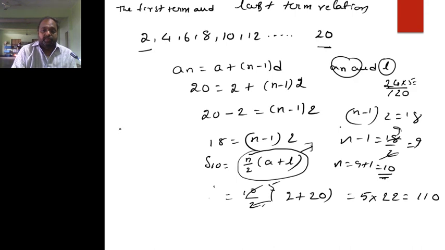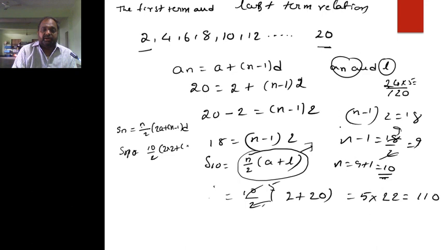In the previous problem I explained Sn is equal to n by 2 into 2a plus n minus 1 into d. So this one also you can use. S10 is equal to 10 by 2 into 2 into 2 plus n minus 1, 10 minus 1 means 9 into 2.